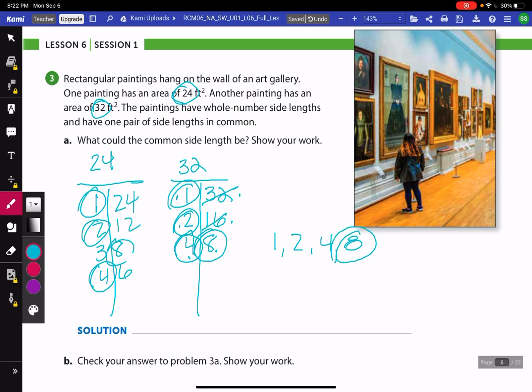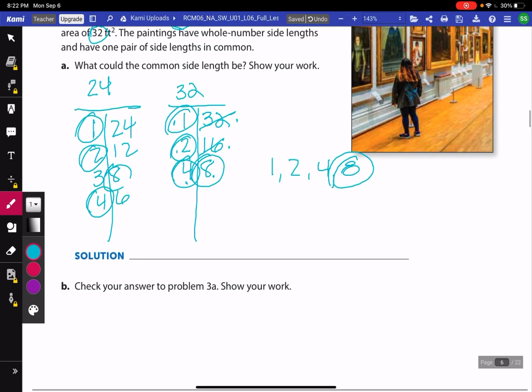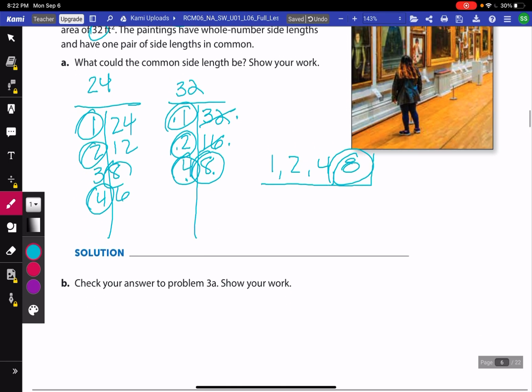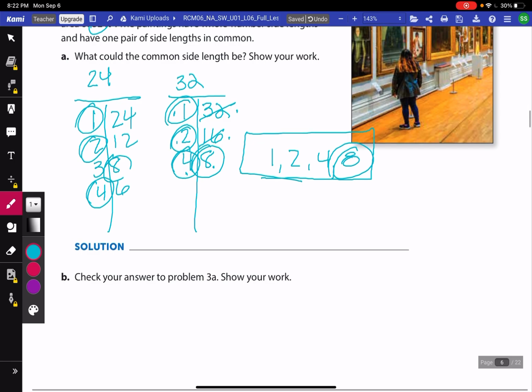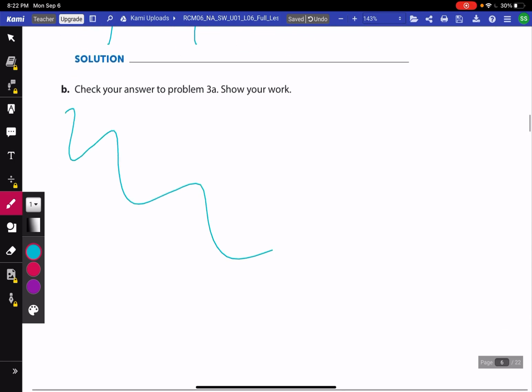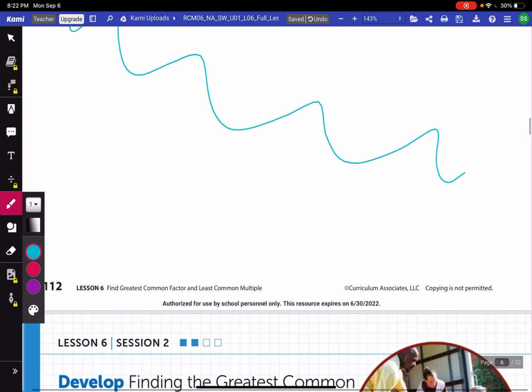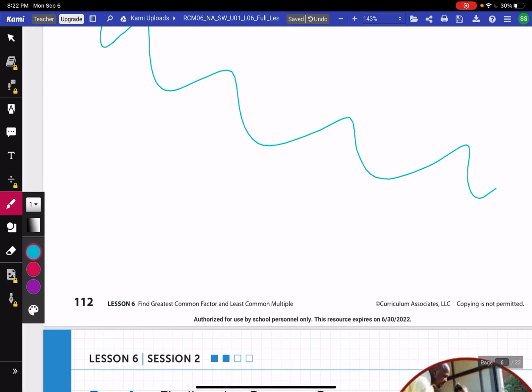That would be 8. But it could be 1 foot, 2 foot, or 4 or 8 feet are all the common side lengths. All right, and we're not going to worry about part B. That's the end of pages 109 through 112 for session 1.